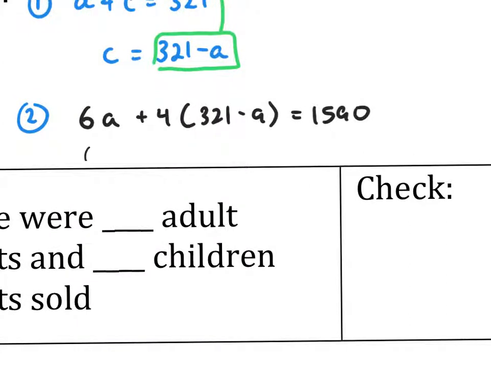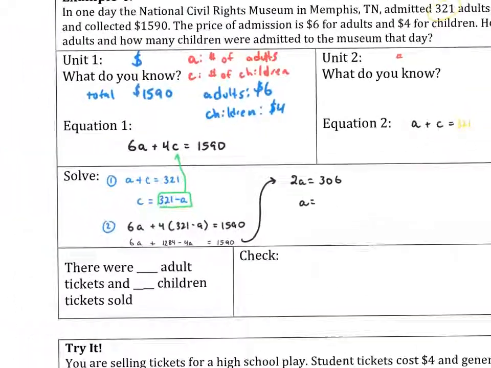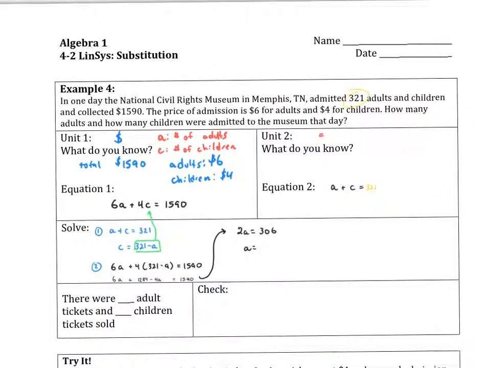Now I'm going to distribute out. So 6A plus 1284 minus 4A is equal to 1590. Running out of space there, so I'll continue it up there. So I get 2A is equal to 306, and A equals, and let's pause. Before we have this answer, we know what kinds of numbers to expect.